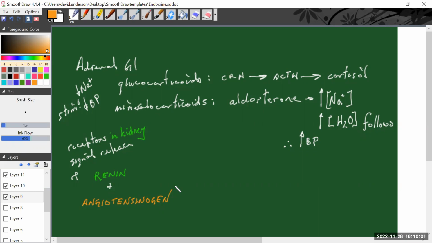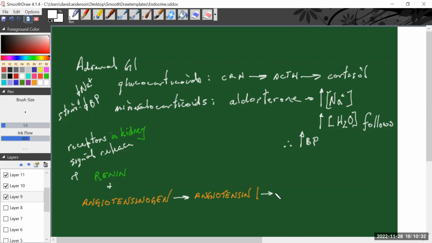And then renin stimulates a structural change in angiotensinogen, converts it to something called angiotensin 1. Now, you already know something about angiotensin 1, and that is that there must also be what?